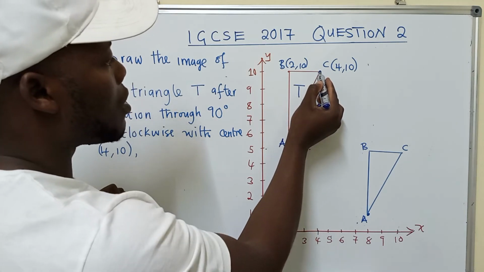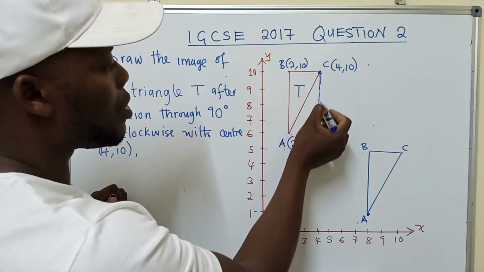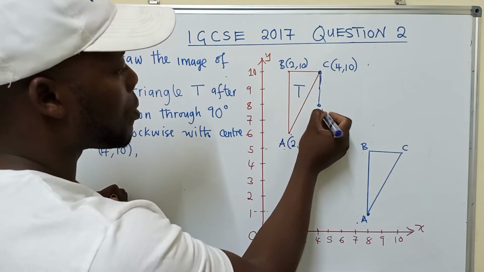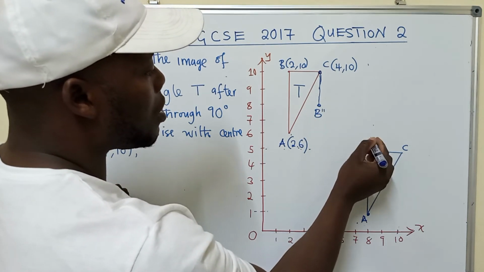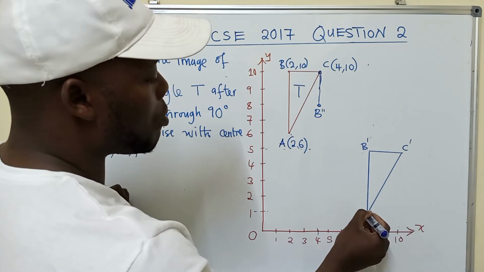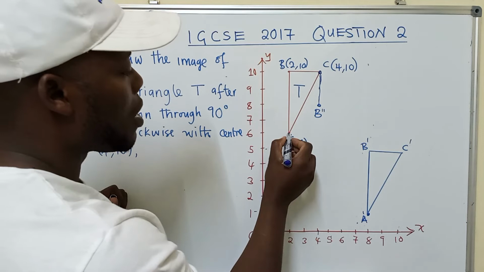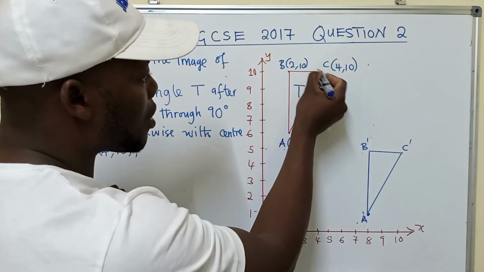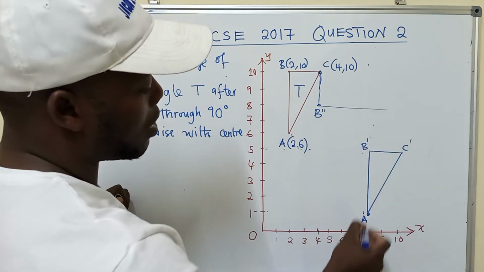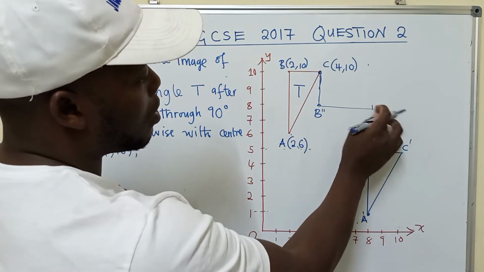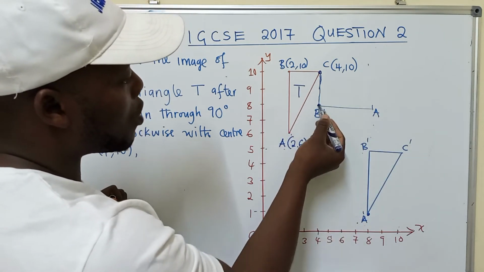The same distance from C to B is the one which should be from this C to the other B. Here we can show that this is B prime 1, and this is B prime 2, so that we differentiate. And our A, if this has rotated like this, A will be somewhere on this side. The same distance from here to here must be the same.